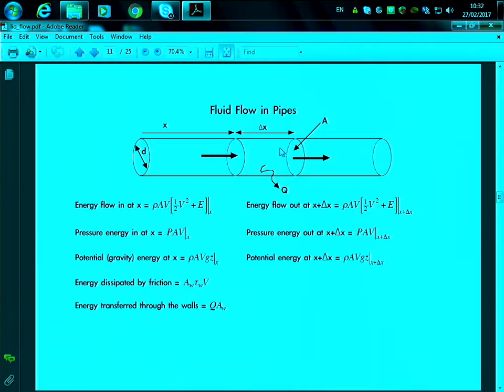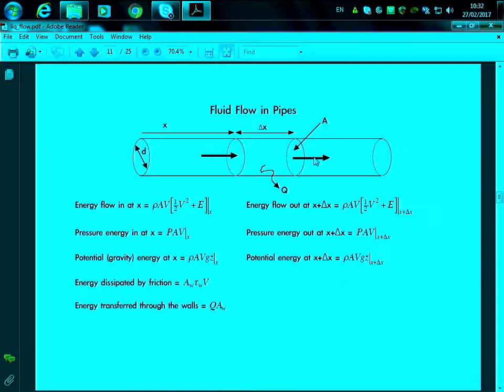In some mechanical engineering books, this is referred to as E, but in thermodynamics, this is referred to as U. Okay, so this is the internal energy that we are talking about. Then the pressure energy at the outlet of the system and the potential energy.